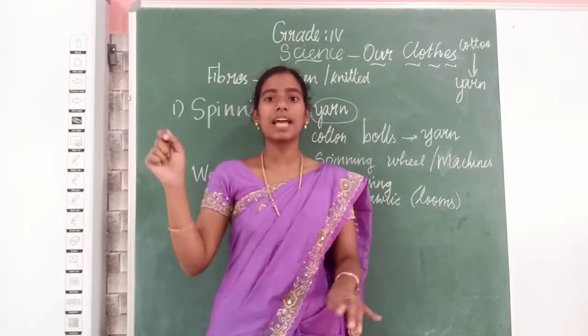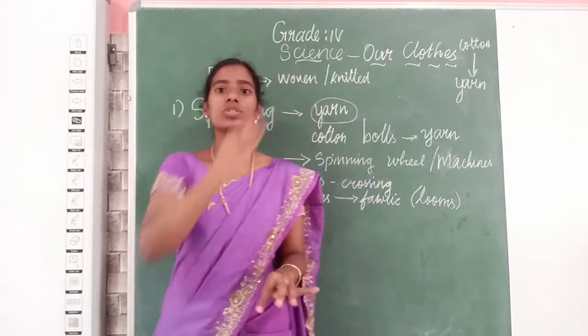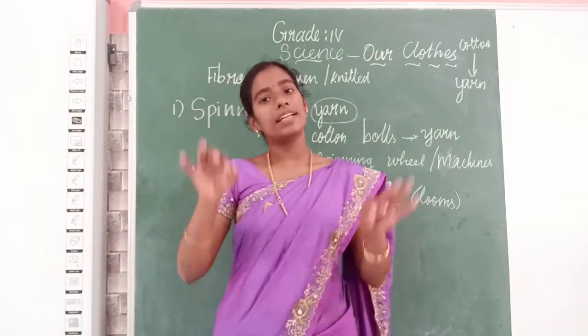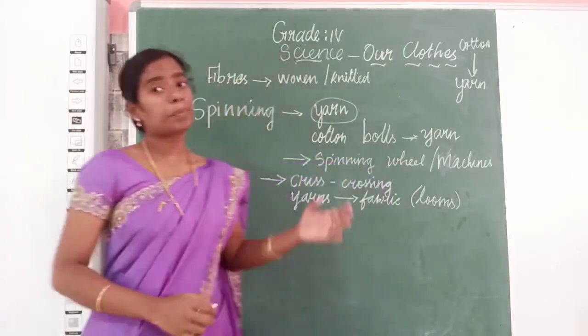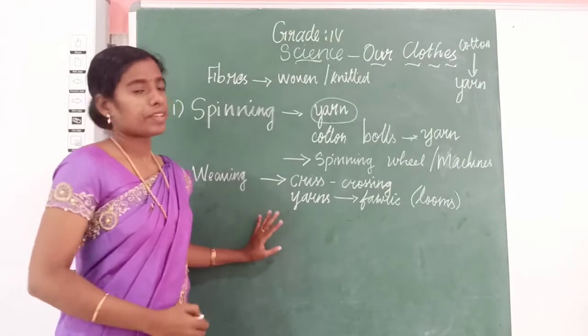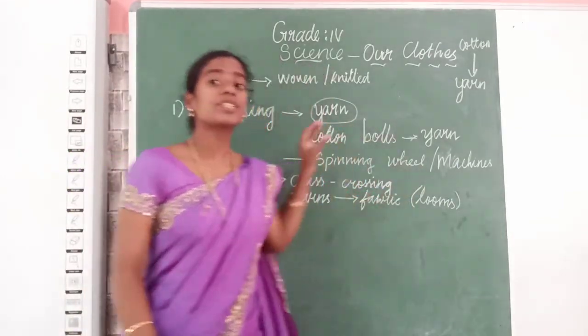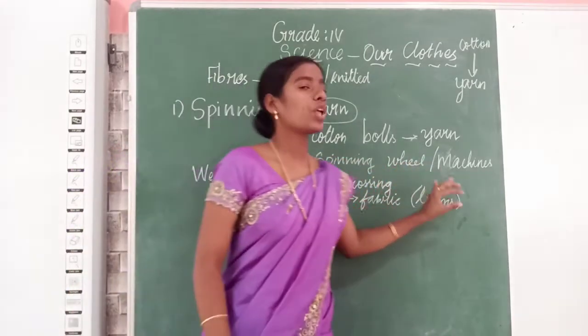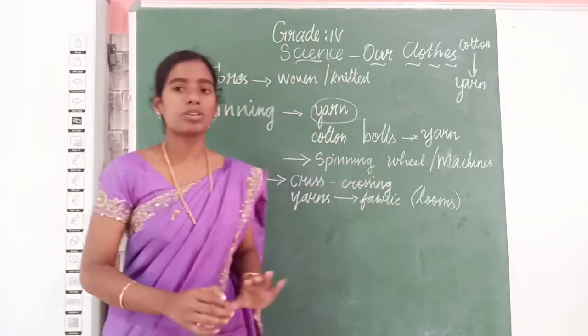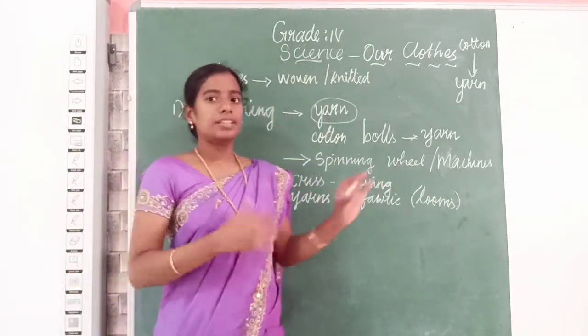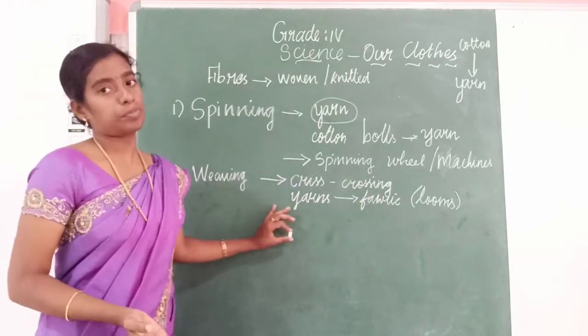They will do something with hand, with leg, and using hand they do like this. It is nothing but the process called crisscrossing. When they do this, the yarns are changed into fabric, and the particular machine used is called a loom. Clear about this? Then we can move to the third process.